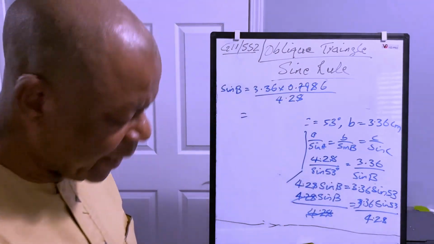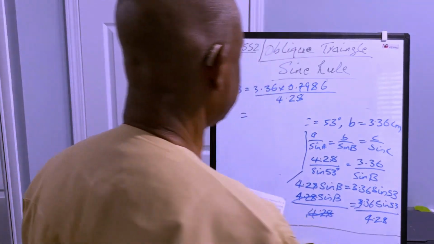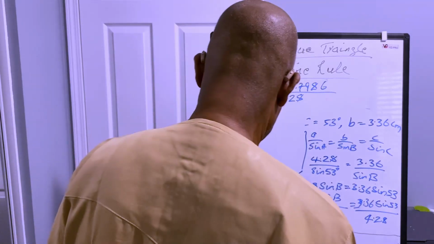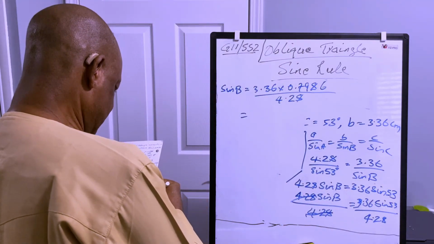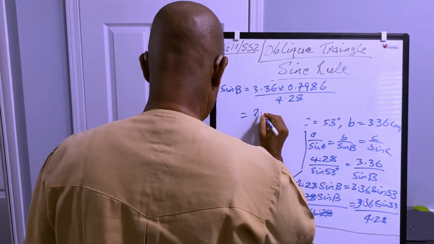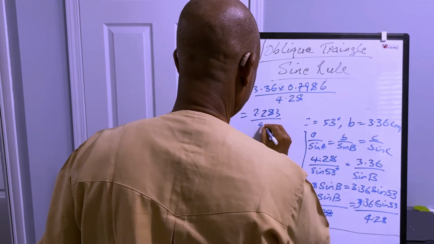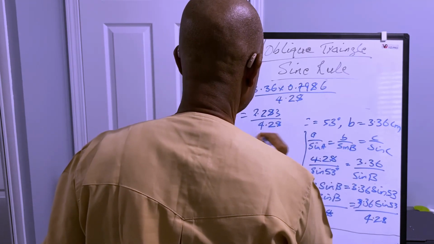If you multiply 3.36 times 0.7986, it will give you a figure 2.683, divided by 4.28.